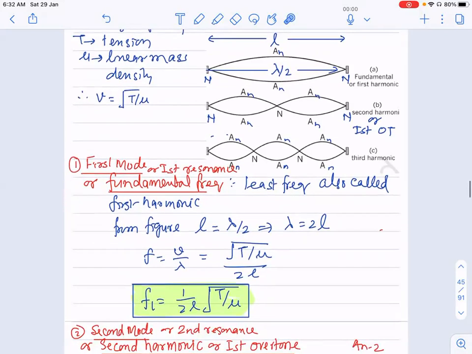So it is coming 1 by 2L under root of T by mu. This is called F1, the fundamental frequency. The fundamental frequency can be written in short as FF. Fundamental frequency or first harmonic.